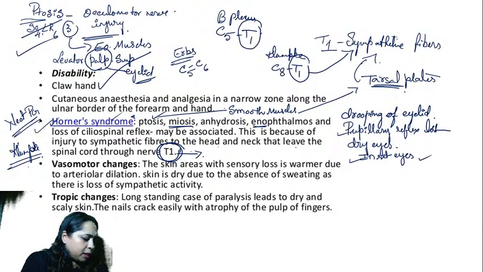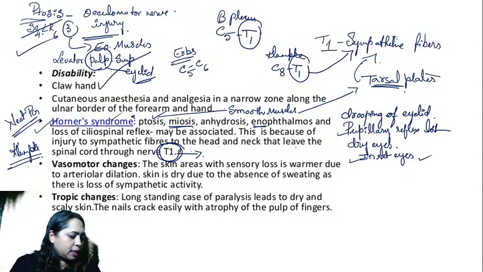Let's see if there is anybody. Okay, Shahib Maluf says there is teres minor and deltoid. Yes, teres minor and deltoid. He says that the axillary nerve supplies those two.